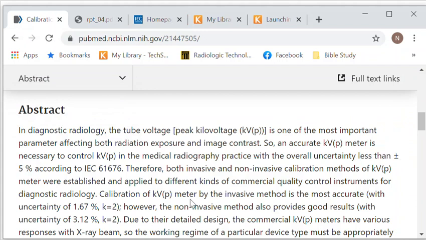If we think back to what we talked about before in kVp and how much of a change it requires in kVp to make a visible difference, that 5% can make a visible difference on your image. But now you consider what your baseline is for when to repeat an exam because of inadequate exposure.